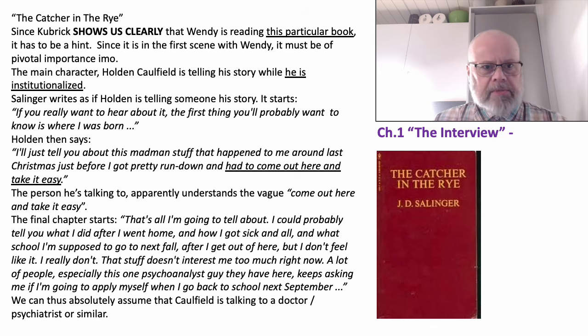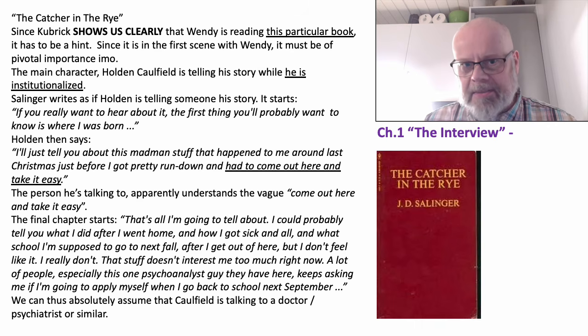Now, Salinger writes as if Holden is telling someone his story. It starts, if you really want to hear about it, the first thing you probably want to know is where I was born. Holden then says, I'll just tell you about this madman stuff that happened to me around last Christmas, just before I got pretty run down and had to come out here and take it easy, right?